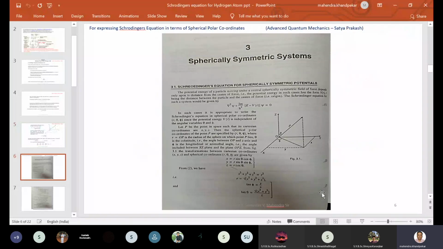Now to make it easy for you, I have given one or two slides where you can see what I'm trying to tell you. In this slide you will be able to see the direct Schrodinger's equation given here, the top equation 1. Then x, y, and z coordinates are written in terms of r, theta, phi, and using this equation we know x square plus y square plus z square is r square, and r is of course under root of this, tan phi is y by x and tan theta is, so it is shown here. And then you can solve the whole thing.